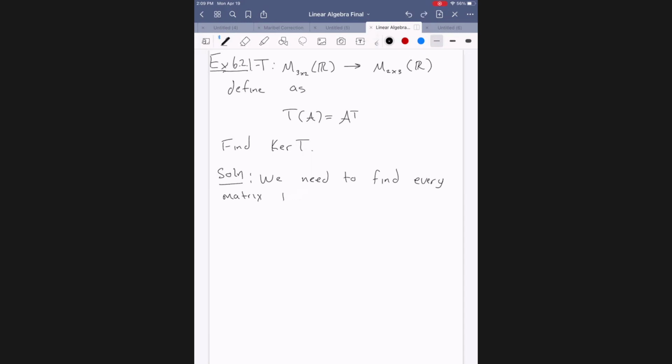Every matrix A such that T of A is equal to 0. So what are the matrices that get sent to 0 by T? Well, we have that T of A is equal to A transpose, right? And this has to be 0. So what is the only way that you get A transpose to be 0?